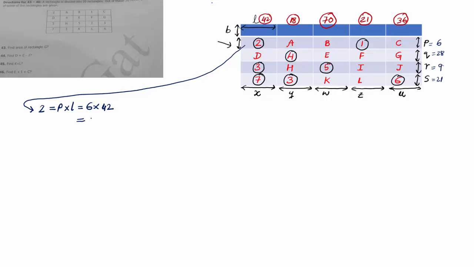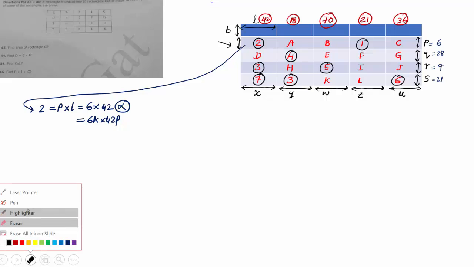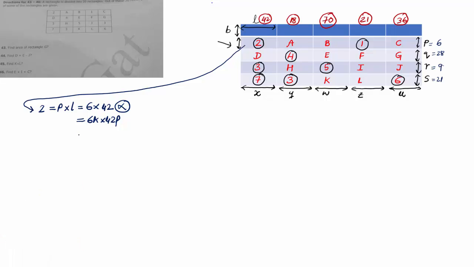Not exactly 6, it is 6k into 42p, because it's a ratio. We should not be using it like this. So it's 6k into 42p. Right? So what does this mean? If 2 is equal to 6k into 42p, then what is kp?